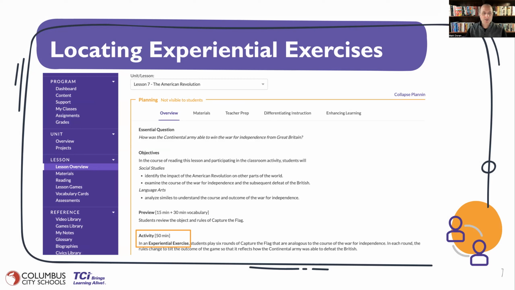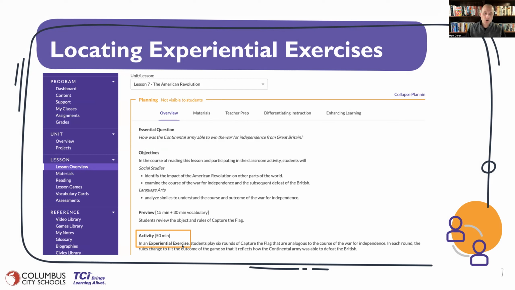In the more standard TCI programs that we have, for example, in grade 8, 9, 10, and 11 through Government Alive, you'll see that you have to dig into the lesson a little bit. So in the lesson overview in this planning, you'll see the entirety of the lesson drawn out here, and it will say activity experiential exercise.